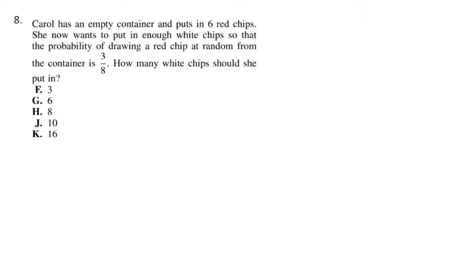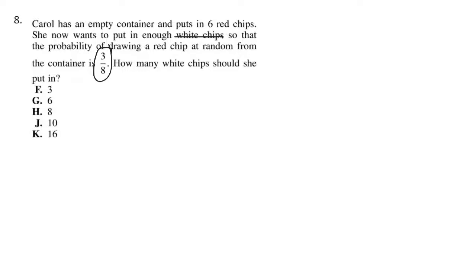Okay. And finally, this one. Carol has an empty container and puts 6 red chips. She now wants to put in enough white chips so that the probability of drawing a red chip from a random container, let's see, you get 3/8. Now for probability, remember it's what you want over your total amount.